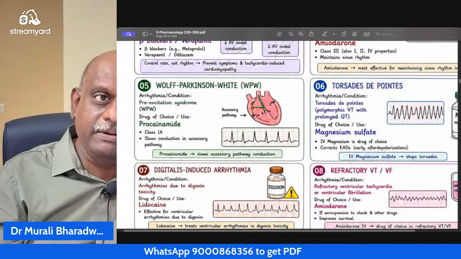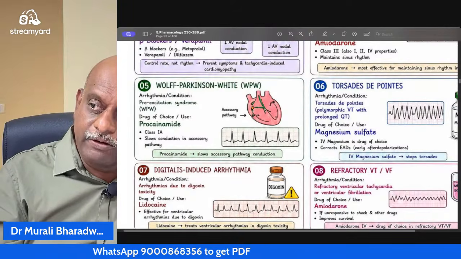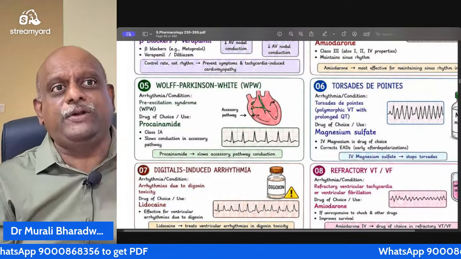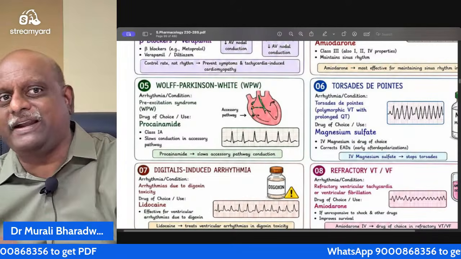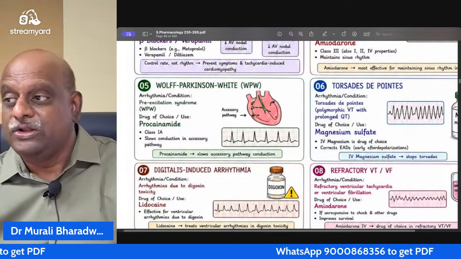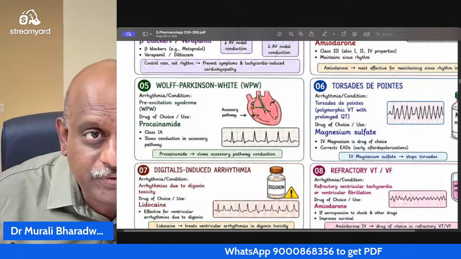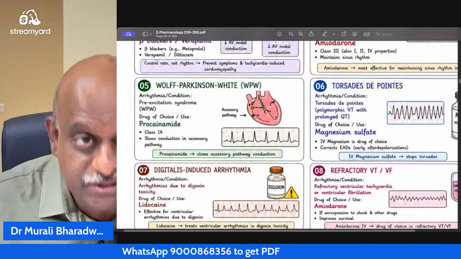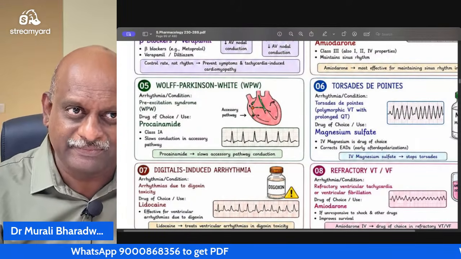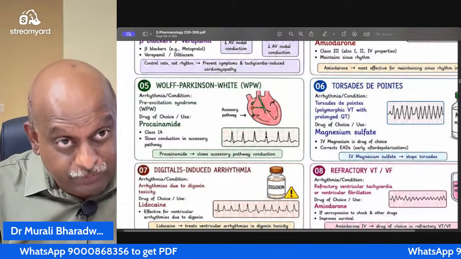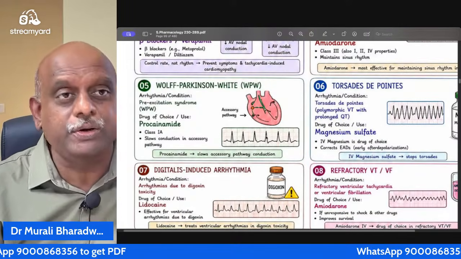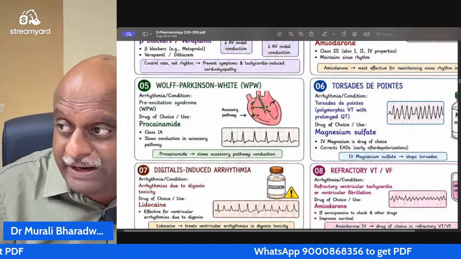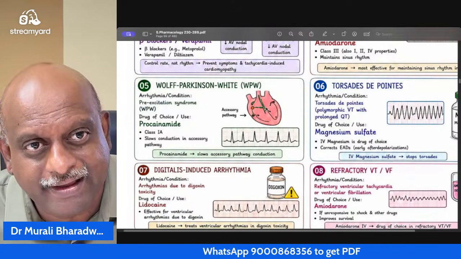Here in WPW, the rhythm of the atrium is passing directly into the ventricle, not through the AV node like a regular heart. So if you have fibrillation in the atrium, to prevent it from going to the ventricle, your drug should make the reentry pathway refractory or the AV node refractory?